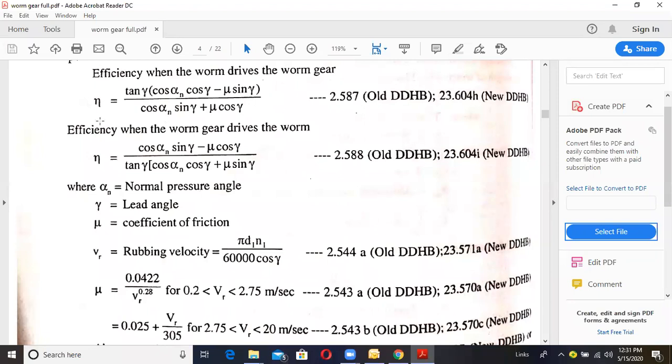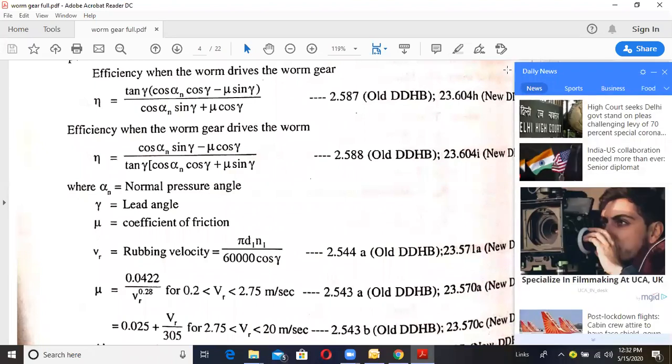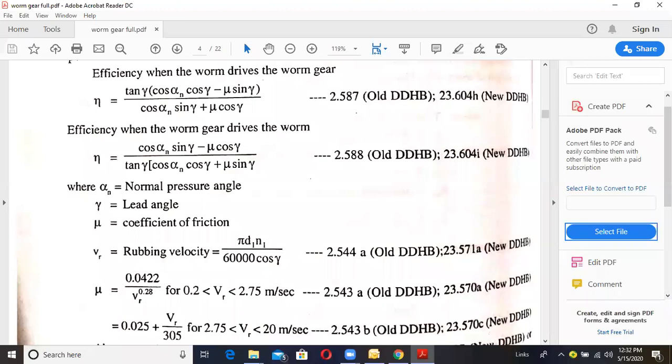Another formula is the efficiency when the worm gear is the driver and the worm is the driven. This is the other formula you have to use when the worm gear is the driver. By using these two formulas, we are going to calculate the efficiency. In the question, they will mention whether the worm is the driver or the worm gear is the driver. Or sometimes they won't give it. Then we are going to assume which is the driver and which is the driven, and based on that, we take the formula of efficiency. Understood?